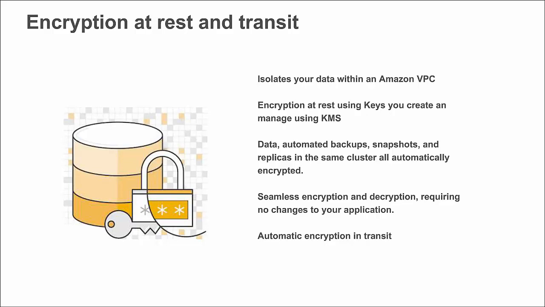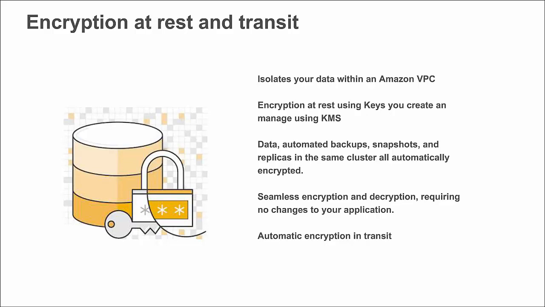There are no complex setups involved. Basically, when you launch the database, there's a drop down where you specify that you want the database to be encrypted and pick the key. If you don't have a key available, you can go to the KMS console from there, create your own key, come back, and ask the database to use that key to encrypt the data when it comes up.